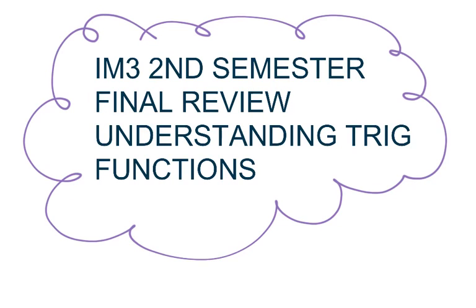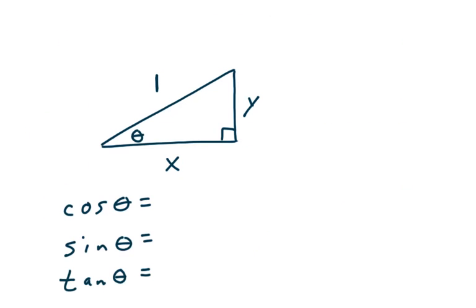Okay guys, so this video is going to hopefully clarify and help you better understand how trig functions work within the coordinate system. If we take a general right triangle with angle theta, and the radius is 1, this would make it fit within the unit circle, right?